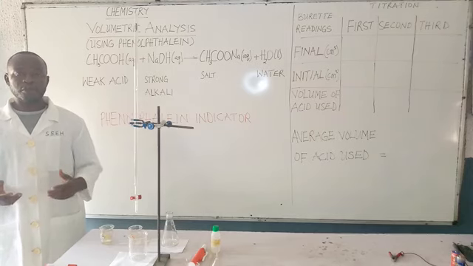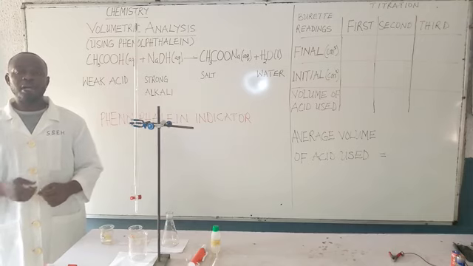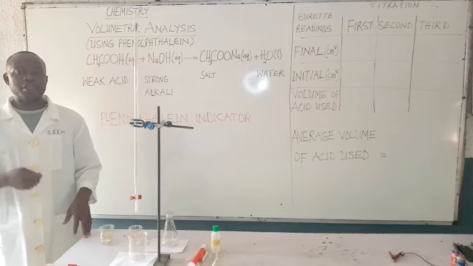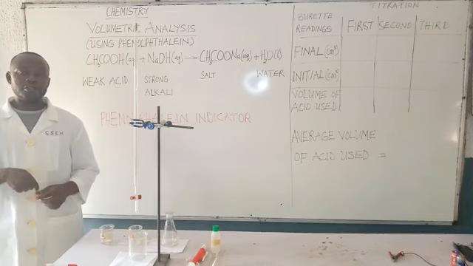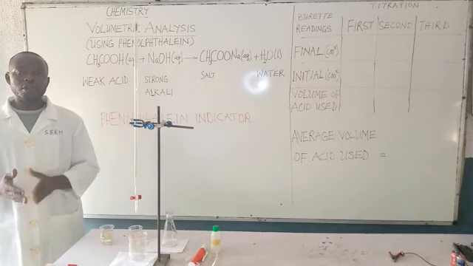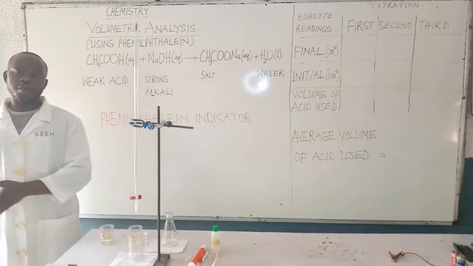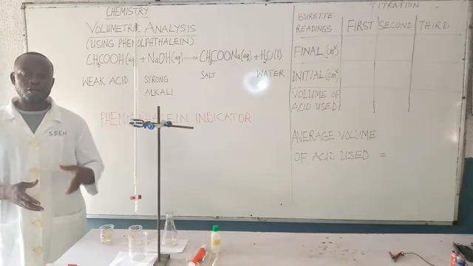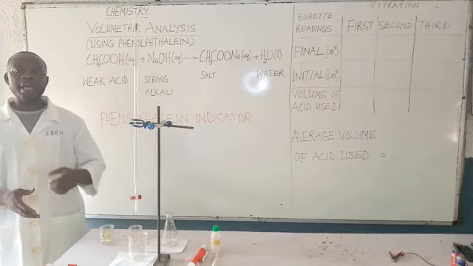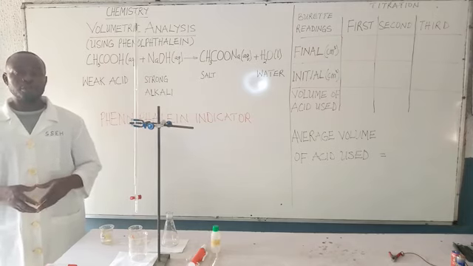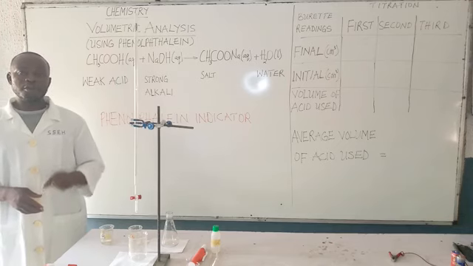It will be difficult unless you have a coloring agent, a reagent added to the reaction mixture, which is going to change its color at the end point to help you know that the end point has been reached. So indicators help us to know when the end point of a neutralization reaction has been reached. In today's class, we'll be using phenolphthalein as the indicator.